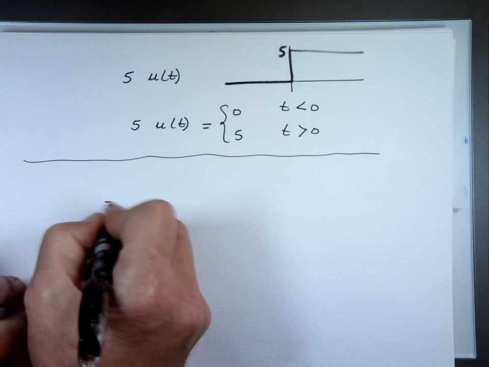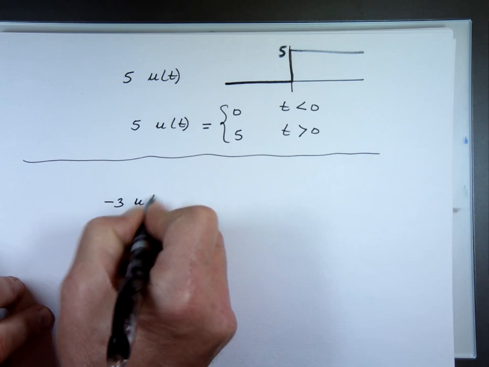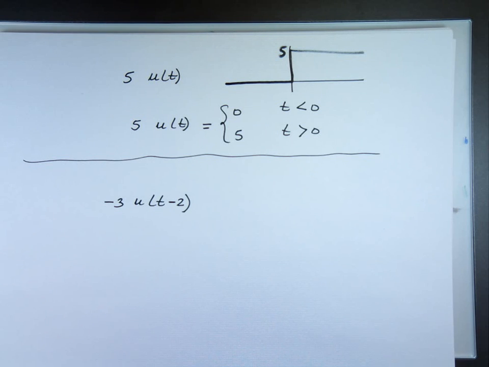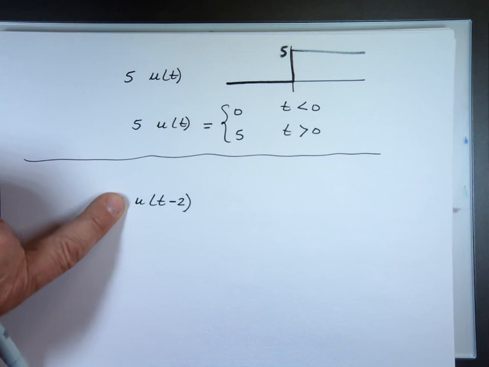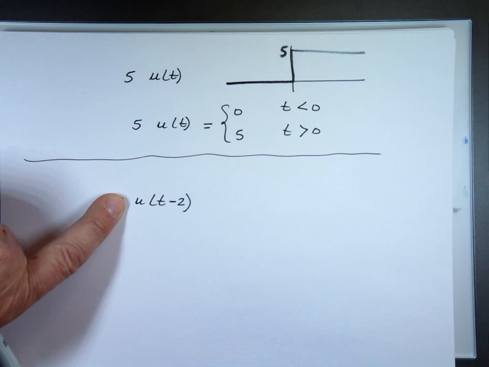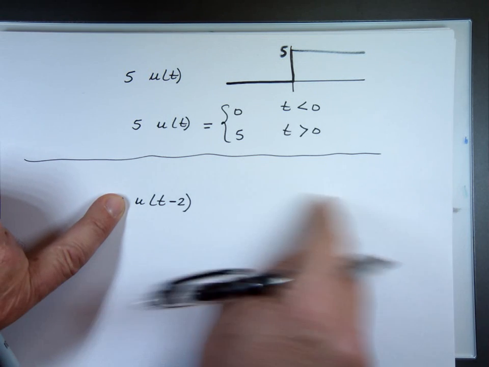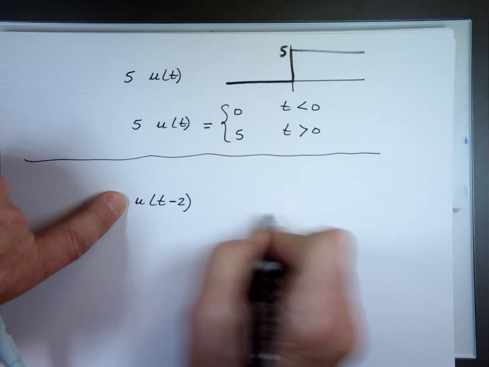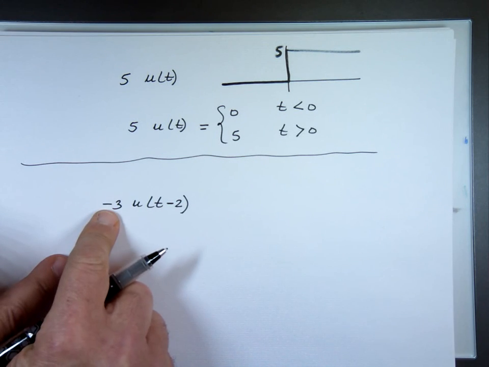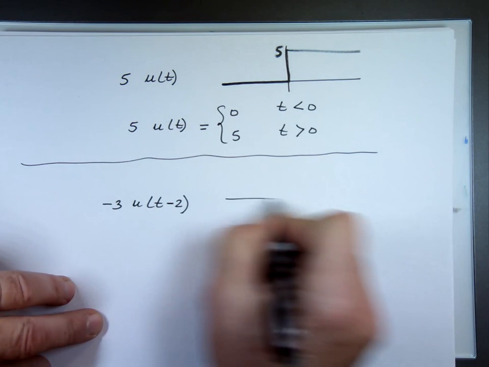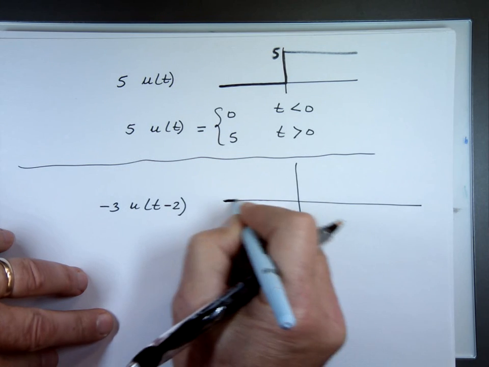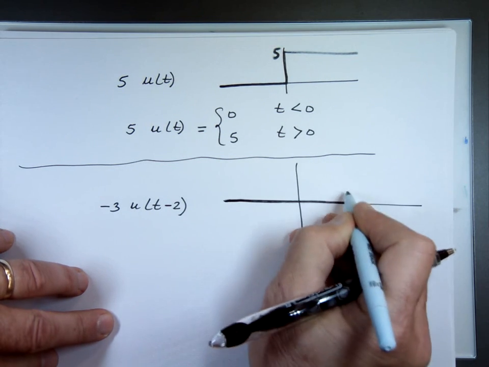What about negative 3 u sub t minus 2? What does t minus 2 look like? Just t minus 2. 0 up to 2 seconds, then 2, right? Well, it's going to be the same thing. When you take a 0 multiplied by negative 3, what are you going to have? 0. This is the 2 second.